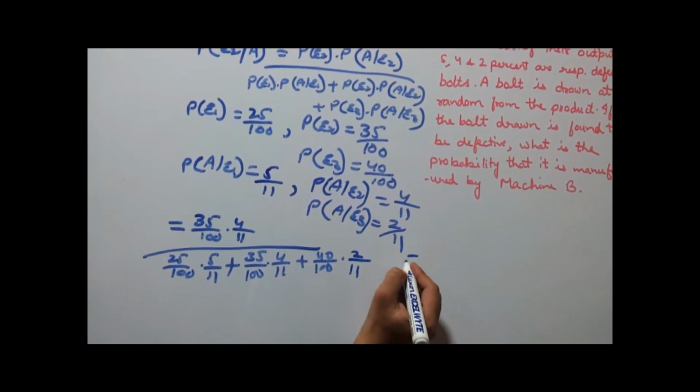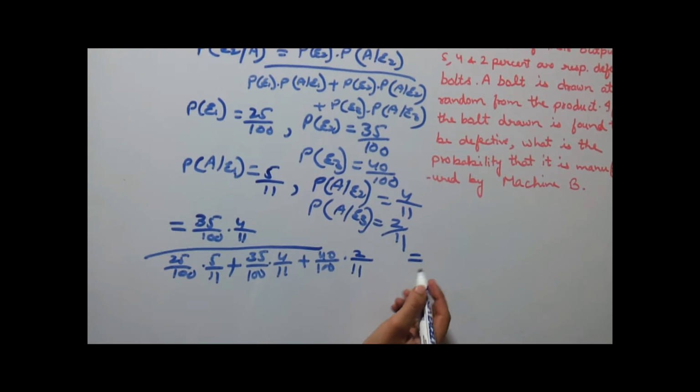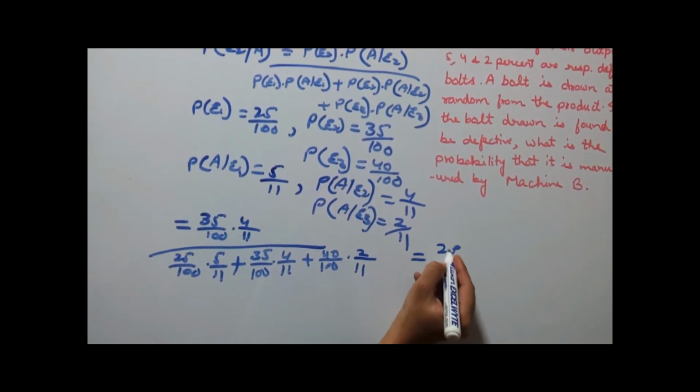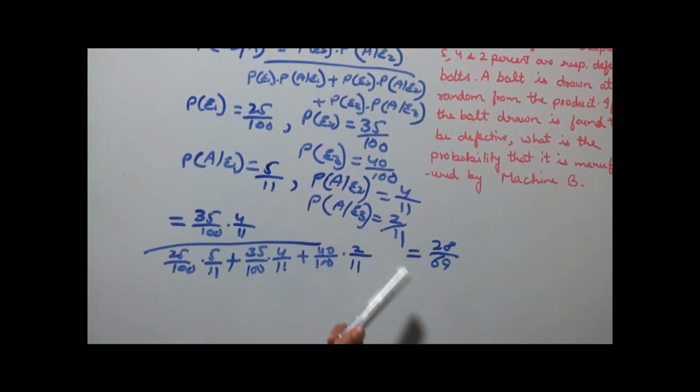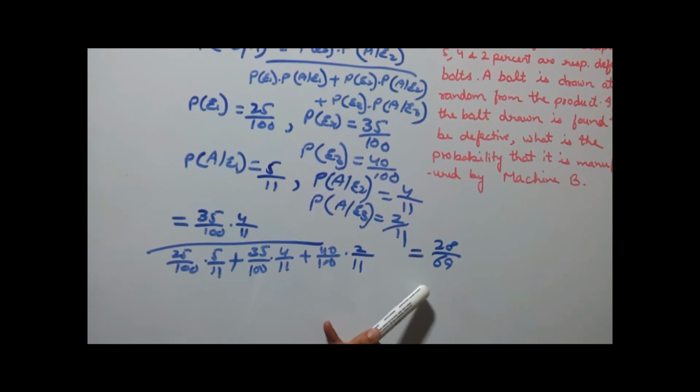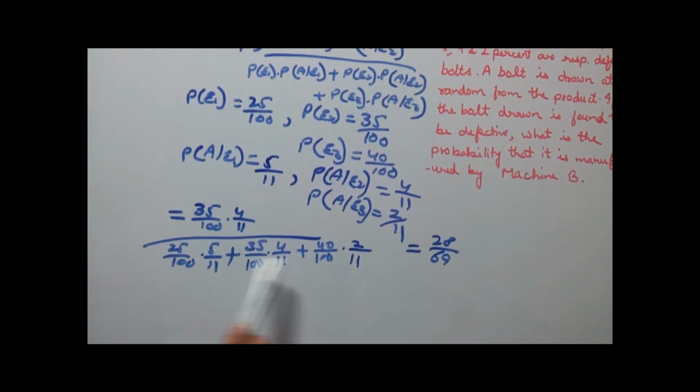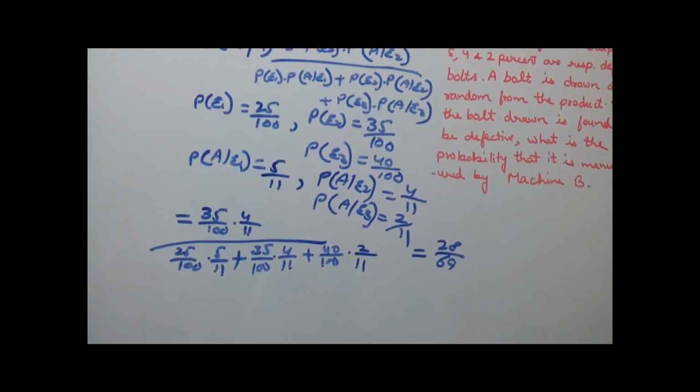Solving this gives us the answer 28 by 69. I have directly calculated it because I have solved it earlier. You need to solve this equation to get this answer.